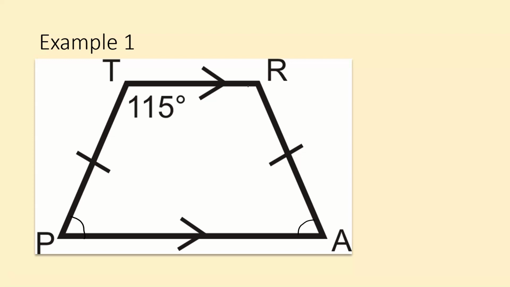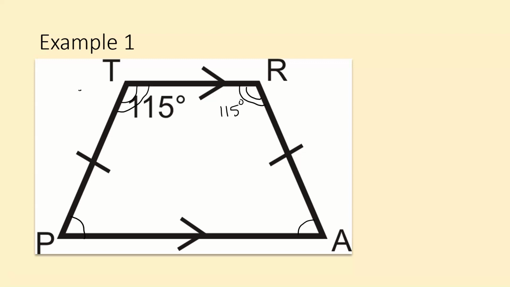So these two angles are congruent, and this angle is congruent to this angle. So if this is 115 degrees, this has to be 115 degrees as well. So we already have 2 out of the 4 angles we need, or 1 out of the 3 missing angles. The other angles we can find because we have transversal angle pairs.